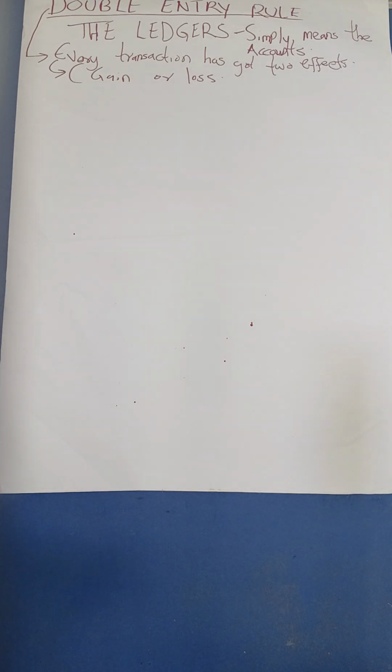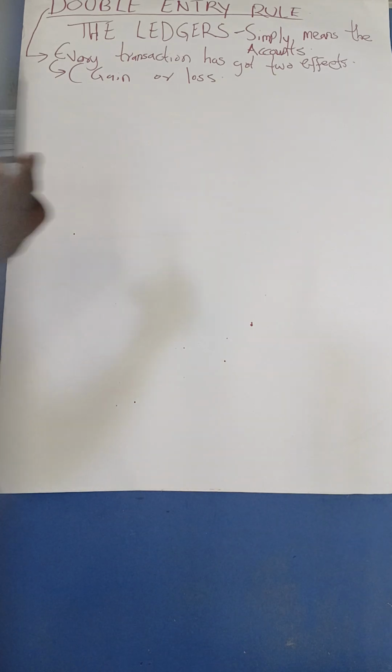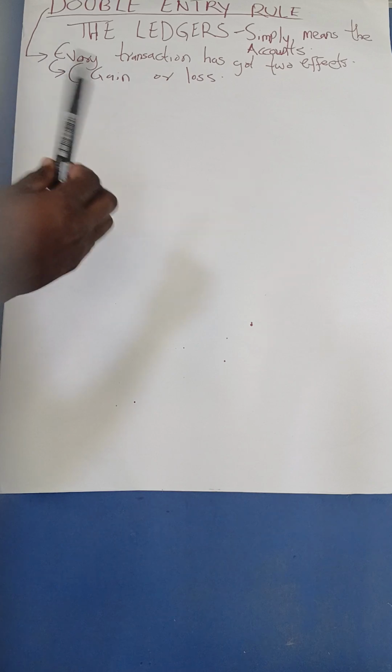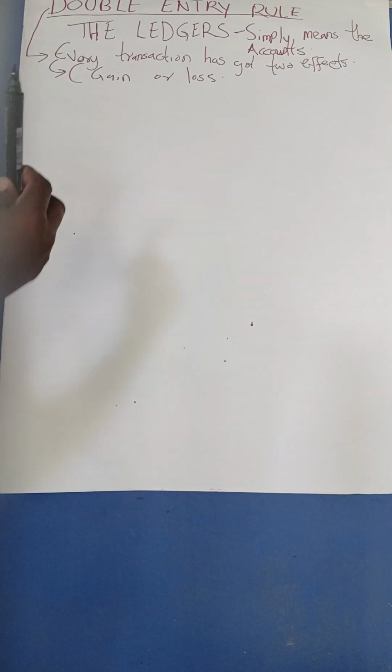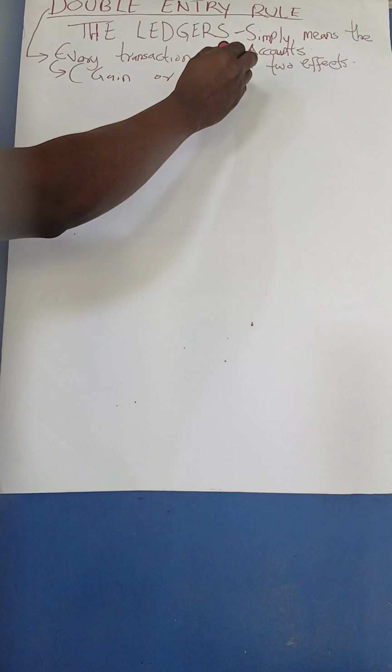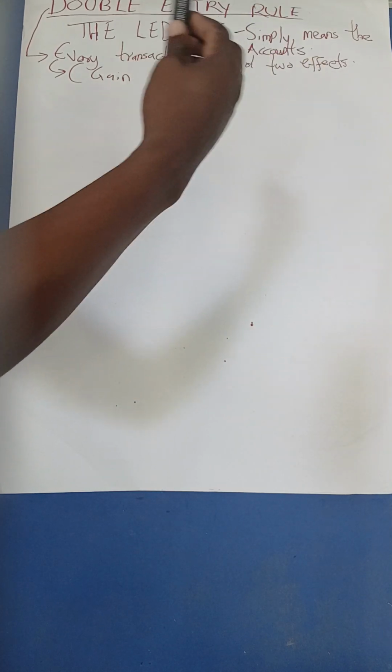Let's say, for example, I want to buy this marker pen, because the one I'm using has ended. I will have to buy it using cash in hand.